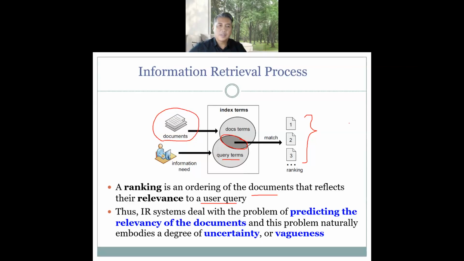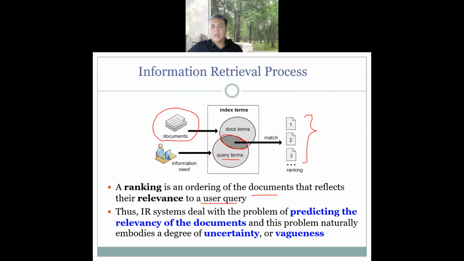So the IR system deals with the problem of predicting the relevancy of the document, and this problem naturally embodies a degree of uncertainty and vagueness. Remember last time in lecture one, we compared data retrieval using SQL and information retrieval using this technique.